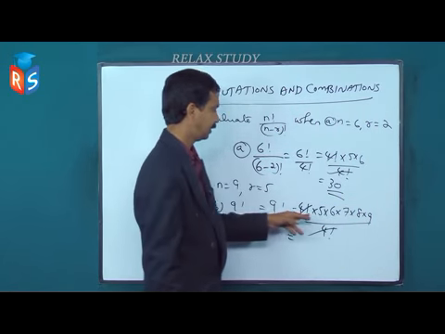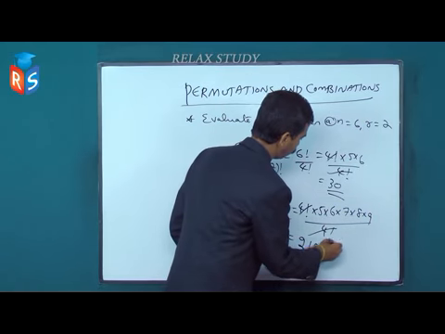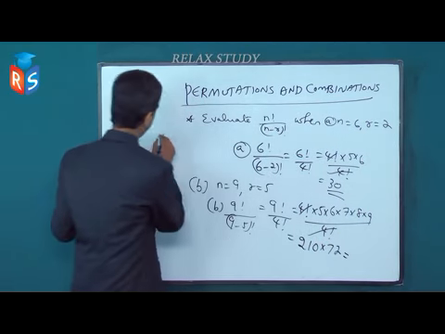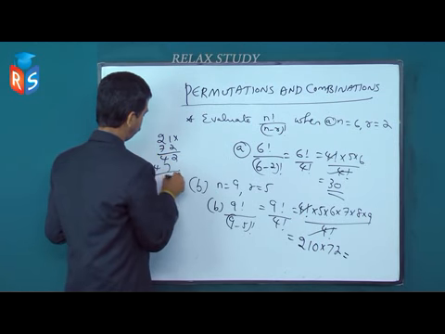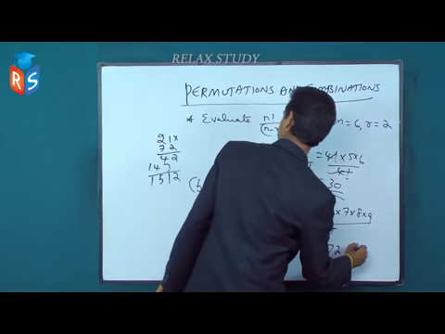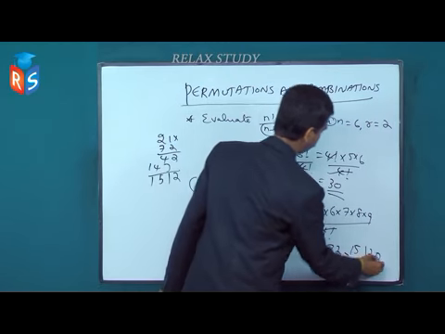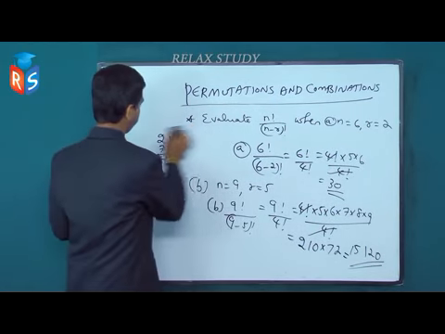The answer is 30 into 7, 210, into 72. So 210 into 72, that is 15,120.